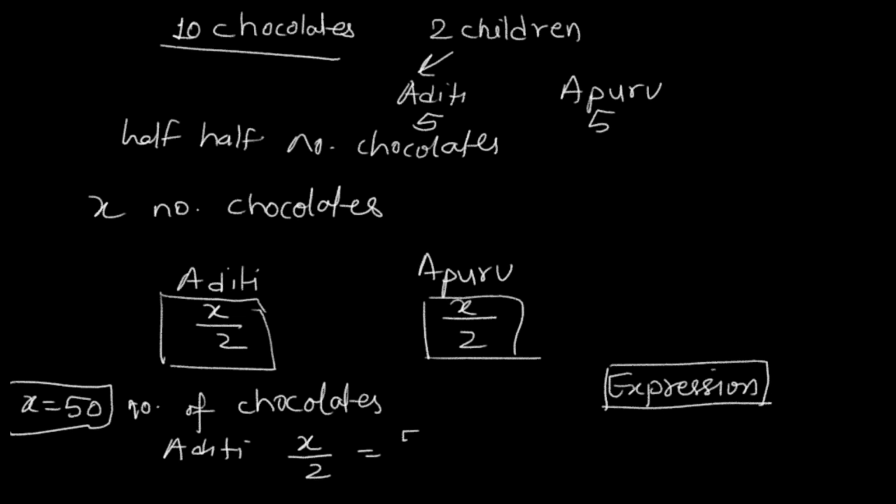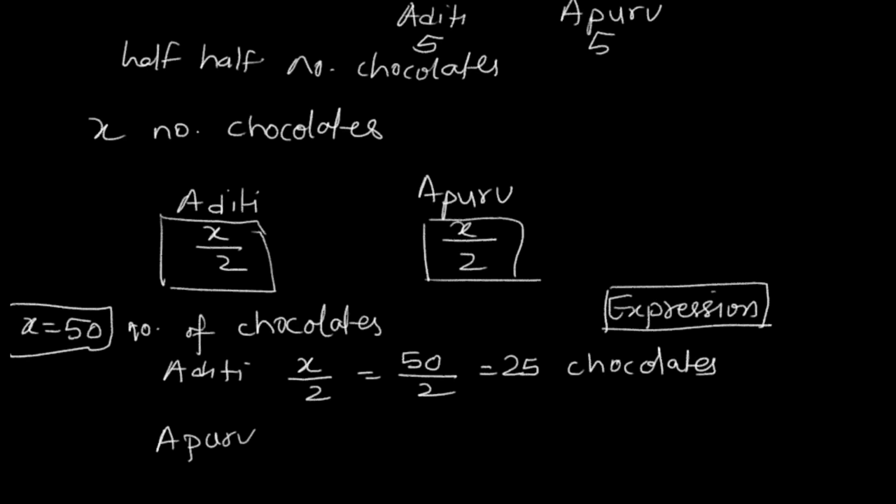So x by 2 equal to 50 by 2 equal to 25 chocolates, and Apurva will also get x by 2 equal to 50 by 2 equal to 25 chocolates. Right? Now we'll solve lot of word problems based on this chapter. So I'm going to leave these expressions and examples and situations up to those questions. But now you have understood why and how we would need variables.